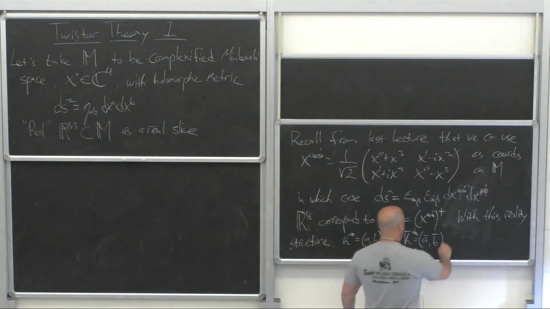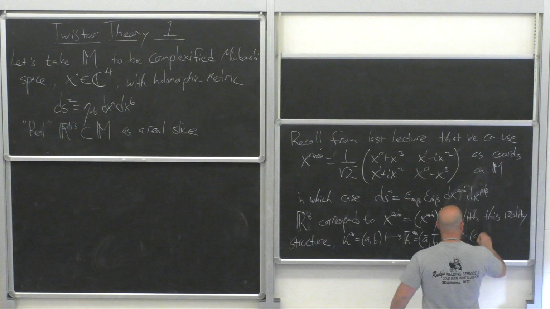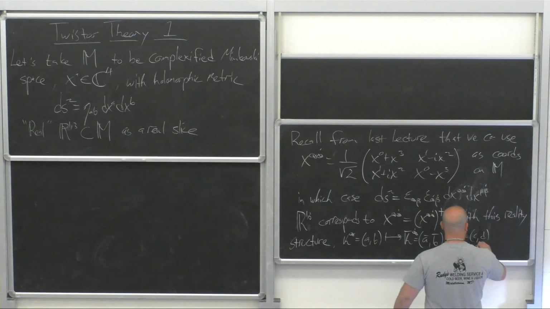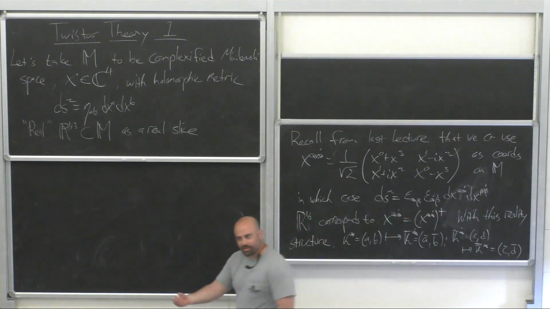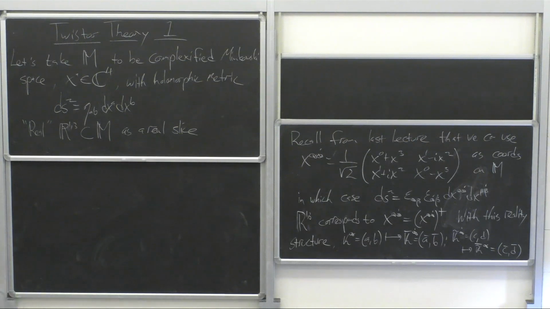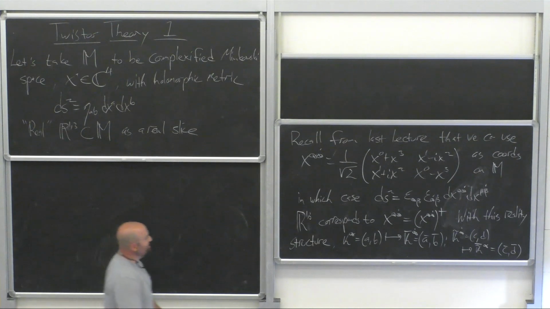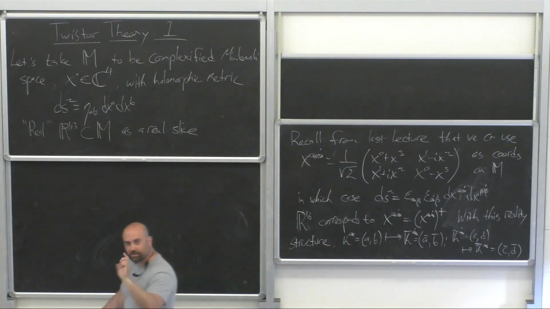And similarly, if κ̃_α' has components C, D, then this gets sent to some κ̃-bar_α with components C̄, D̄. And this explains why the reality condition we got for our null vectors before was that κ̃ had to be the complex conjugate of κ, right? Because this Hermitian reality condition means that the two SL2 representations are interchanged.